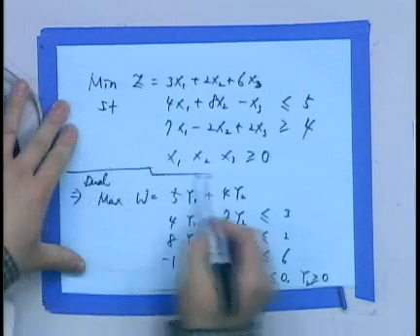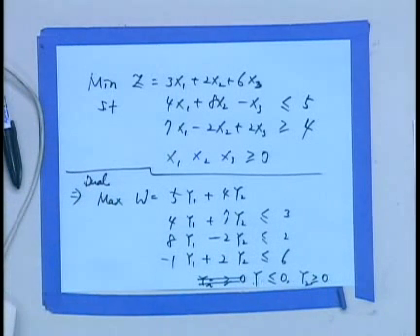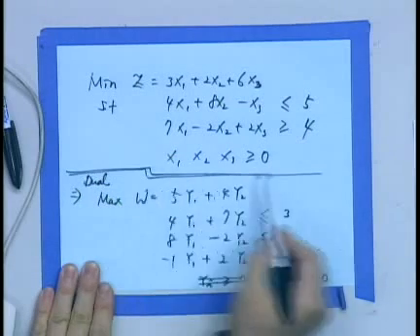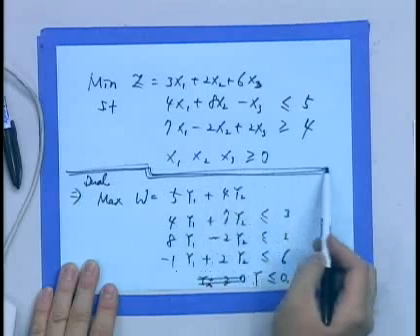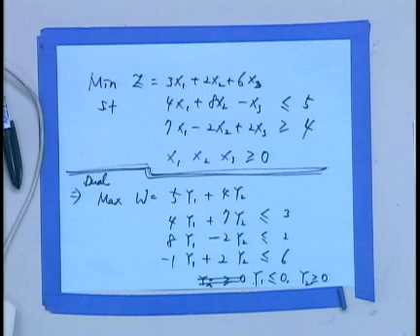Okay, now, again, let me ask you a question. What is the optimal solution to the dual problem? We didn't solve the dual problem, but we've got the optimal solution for the primal problem already.